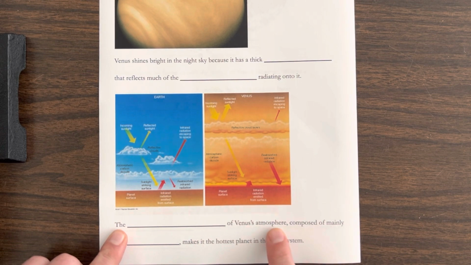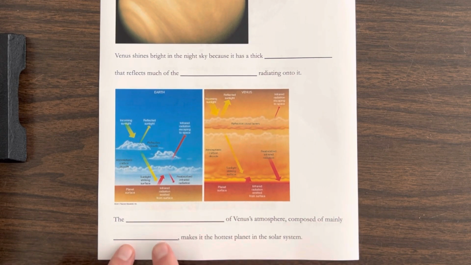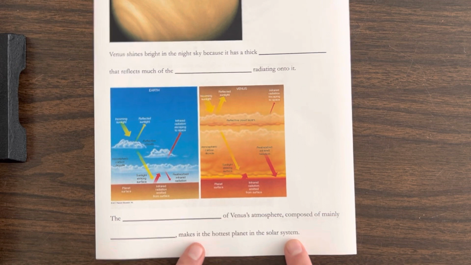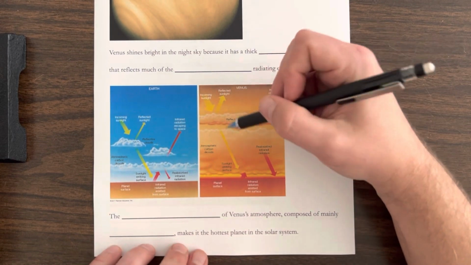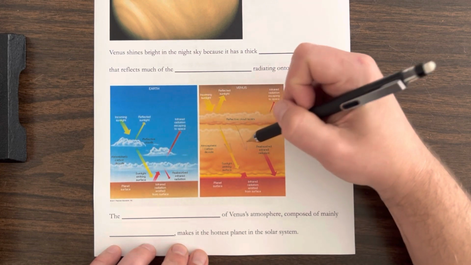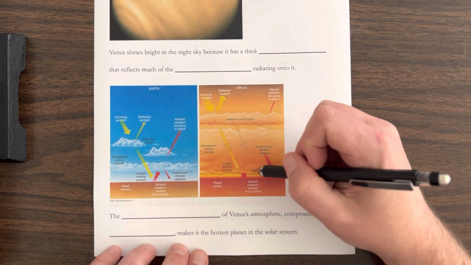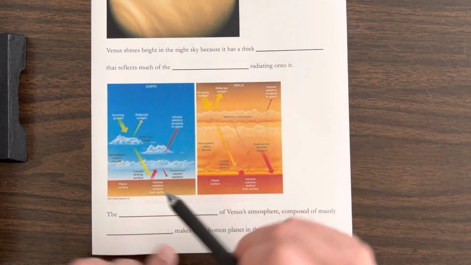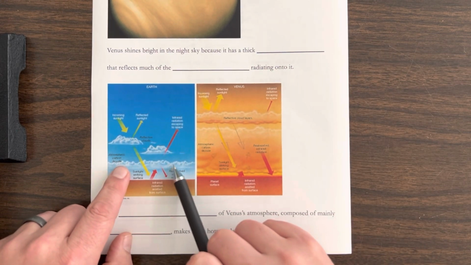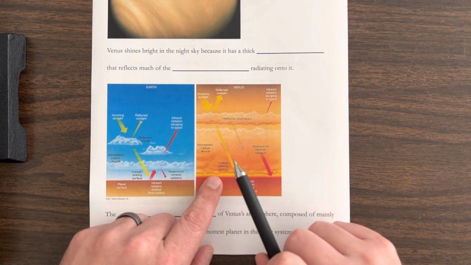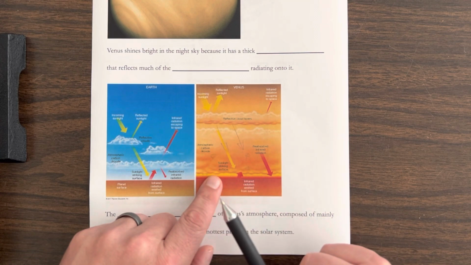Venus's atmosphere, composed of mainly CO2 or carbon dioxide, makes it the hottest planet in the solar system. So the sunlight that does come in and get through that cloud layer, all that heat from that sunlight gets trapped in this atmosphere. So it has the greenhouse effect just like Earth does, but it's a much stronger greenhouse effect, making Venus the hottest planet in the solar system.